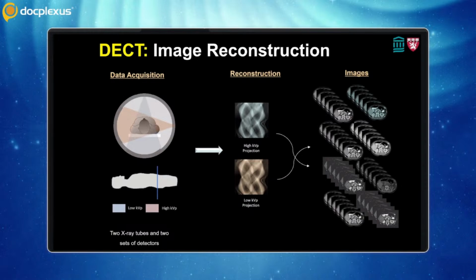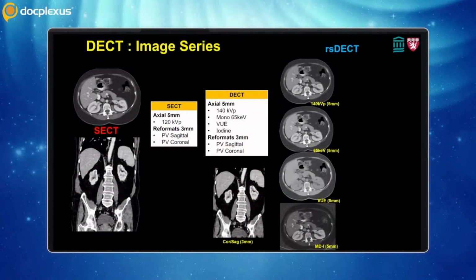So for example, if you look at a typical protocol from a single energy CT scanner on your left hand side, you have an axial acquisition and coronal and sagittal reformations. But with a dual energy CT scanner, depending on the technology, you get multiple different types of image data sets, like the 140 kVp image, which is equivalent to the single energy CT.